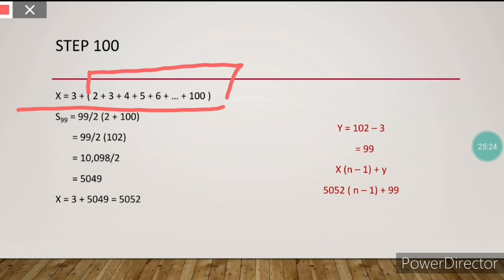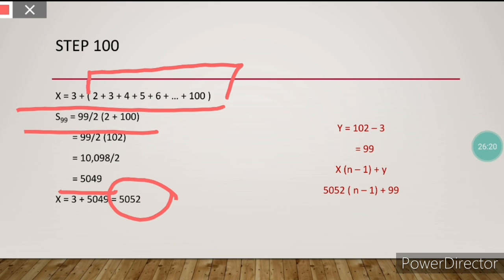Since the first term is eliminated, S sub 99 is equal to 99 over 2 multiplied by 2 plus 100. And S sub 99 is equal to 5049. Therefore, X is equal to 5049 plus 3, which is equal to 5052.